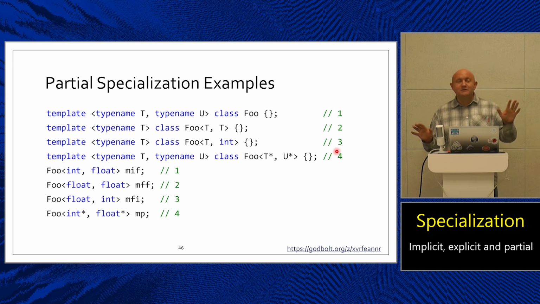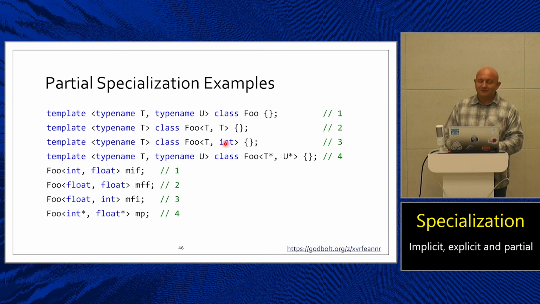And please don't ask me what happens with something like fourth int and int. By the way, what do you think? Which one is more specialized? The one that fixes parameter as an int, or one that requires both types to be the same? How do we determine the order? And this is exactly what we'll explore next.